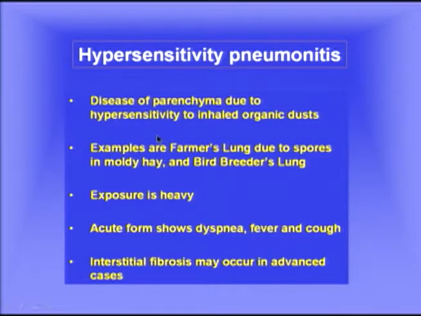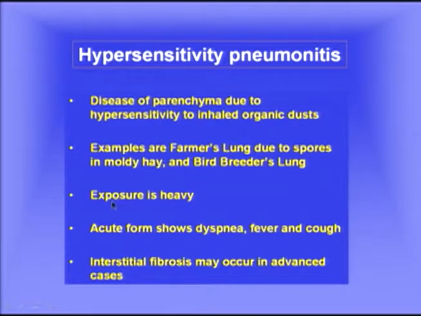And one of the best examples is farmer's lung, which is caused by the spores in moldy hay, and there's also bird breeder's lung, where the fecal material from the birds is largely responsible. The exposure is heavy.